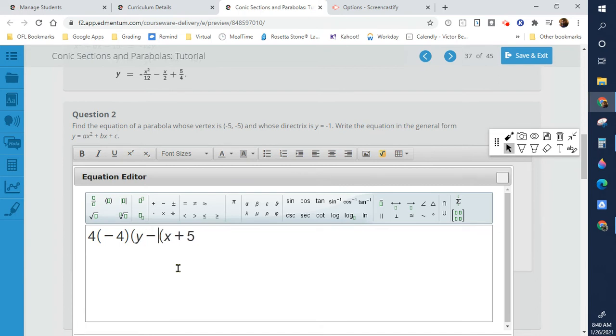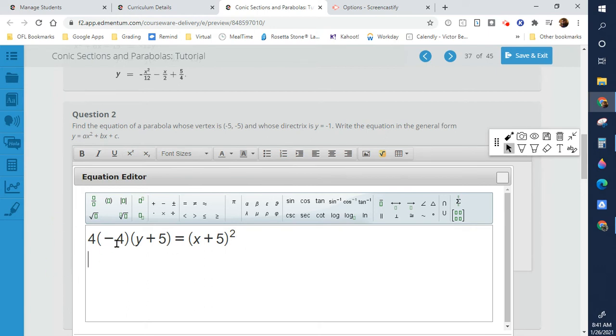It'll make sense in a bit if you guys are a little lost on what's happening here. I just want all of this, the 4p times y minus k, to go here, and then I'm going to have the squared part, the x squared part, over here.